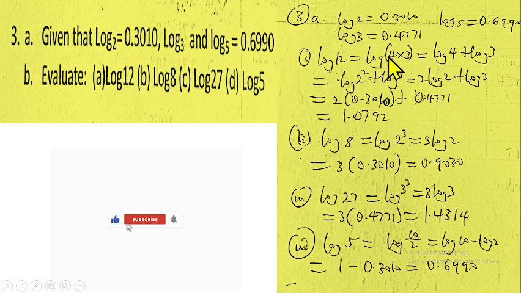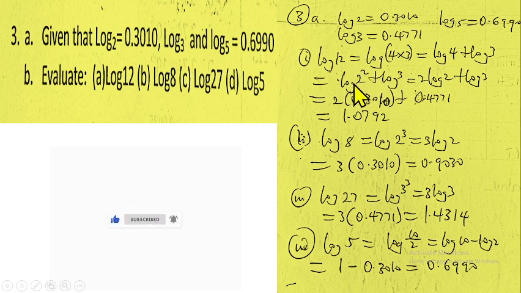Log of 12 is the same as log 4 times 3. And we know that in logarithm, times we change to plus. So that means you have log 4 plus log 3. We are not given log 4, but we are given log 3. So you can simplify log 4 further by changing this 4 to index form. That will be equal to 2 raised to power 2. So you have log of 2 raised to power 2 plus log 3.